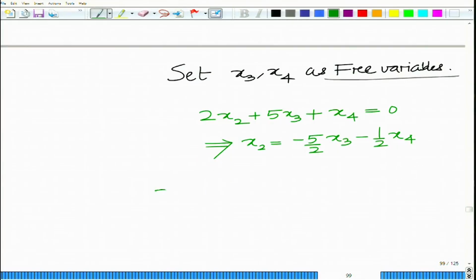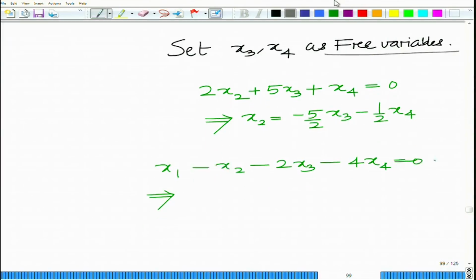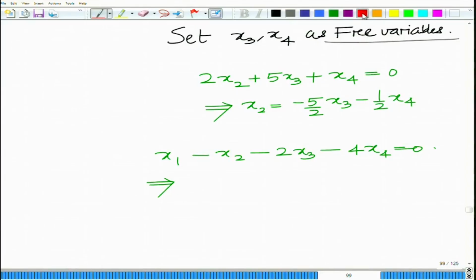Finally, from the first equation, x1 minus x2 minus 2x3 minus 4x4 equal to 0, which implies x1 equals x2 plus 2x3 plus 4x4.